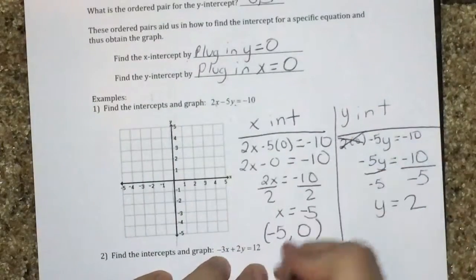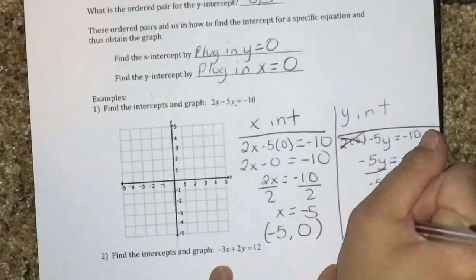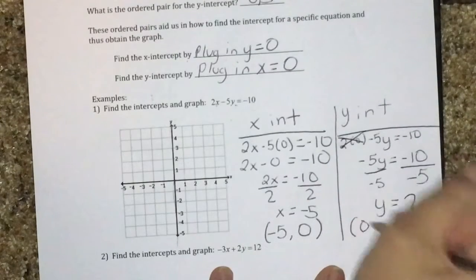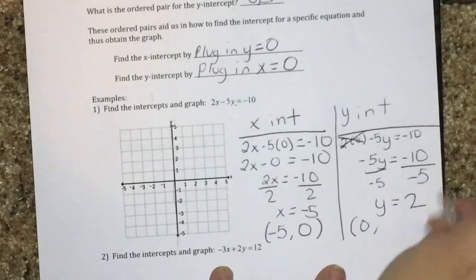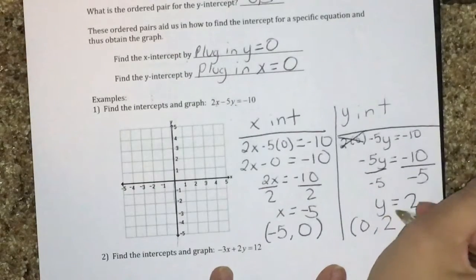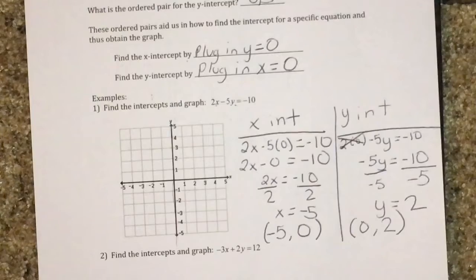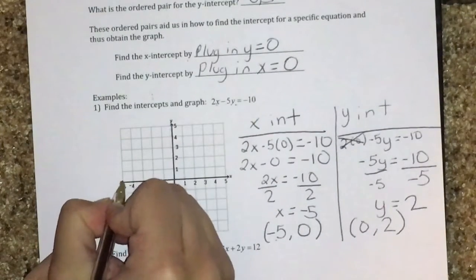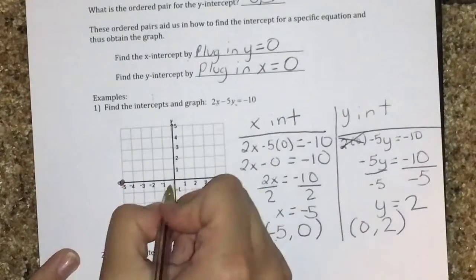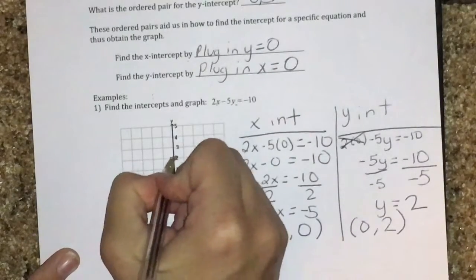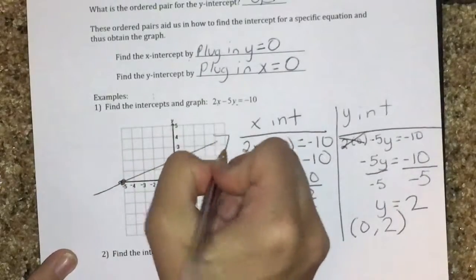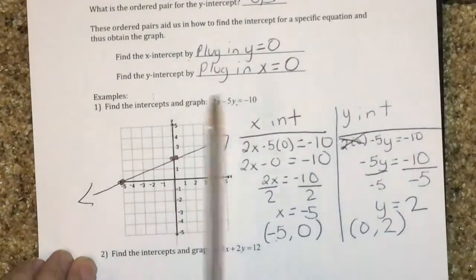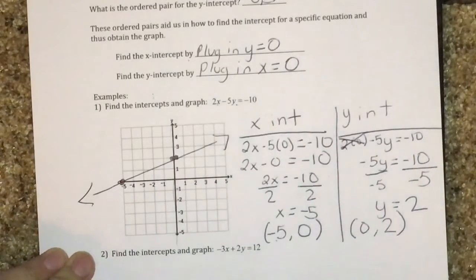So the y-intercept for this graph is going to look like, well, my x value I plugged in is 0, and my y value that I got when I plugged it in was 2. So now I'm going to graph those points. (-5, 0), so I don't move up and down, and then (0, 2). And that is going to be my line. And that is a way that we can graph our linear equations.